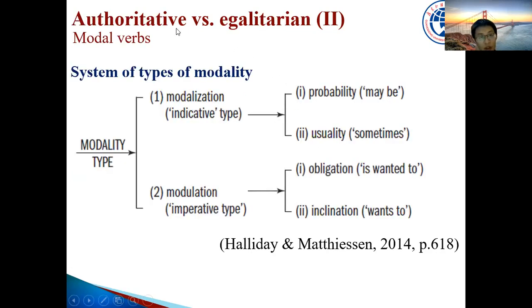Next, we'll focus on authoritative versus egalitarian. We'll first look at the modal verbs. According to Halliday and Matthiessen, the modal verbs can be divided into two categories: modalization, which is subcategorized into probability and usuality, one being maybe and another being sometimes. And another category is modulation, which is subcategorized into obligation, what one is wanted to do, and inclination, what one wants to do.